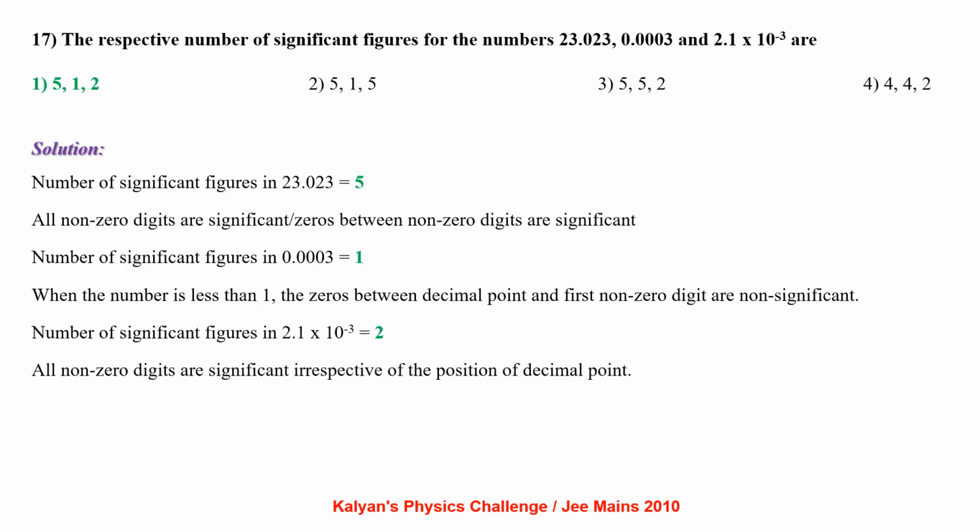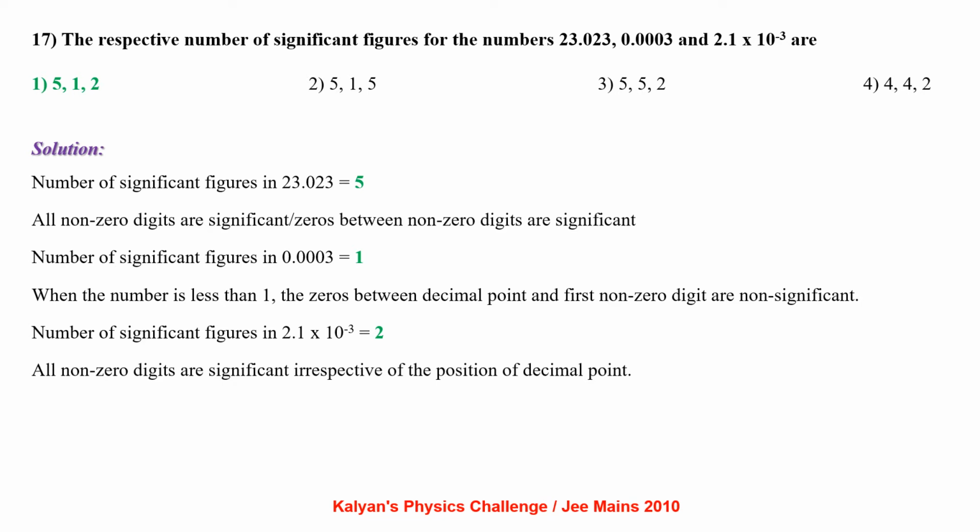The respective number of significant figures for the numbers 23.023, 0.0003 and 2.1 into 10 power minus 3 are? There are certain rules to be learned by students for finding the number of significant figures in a given number. So I suggest the students to go through those rules first and then solve the problem.